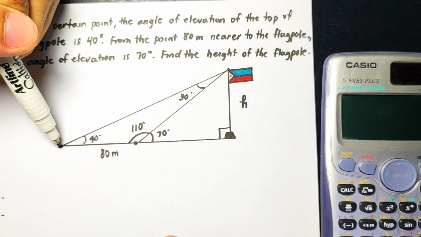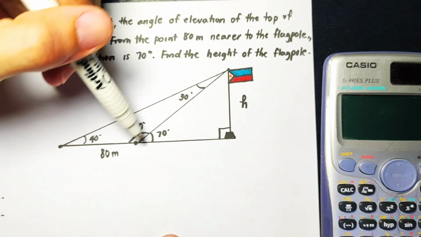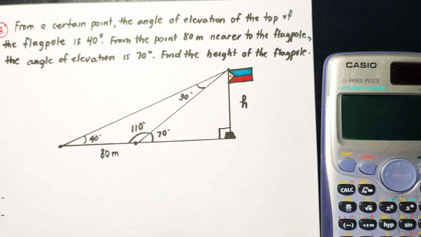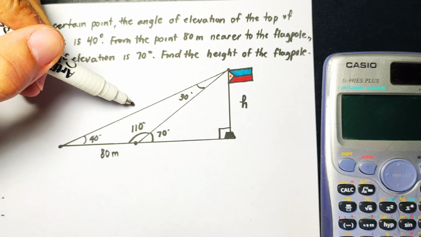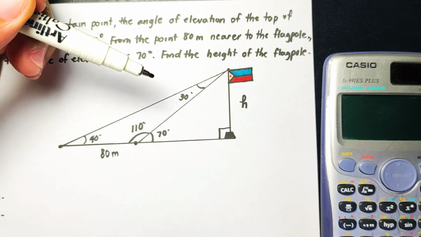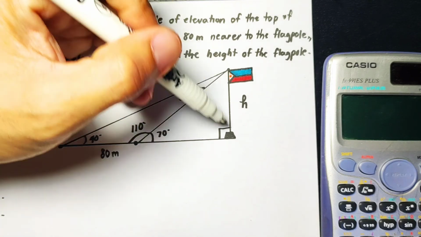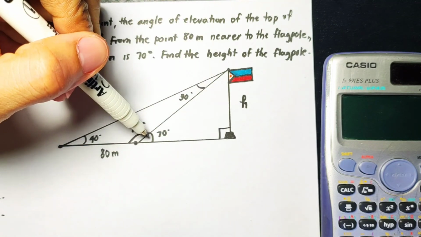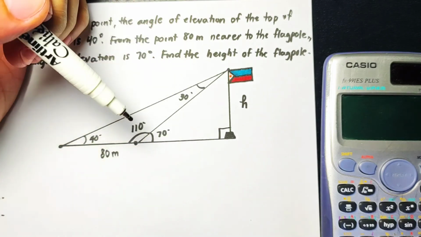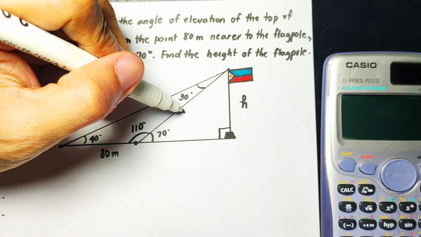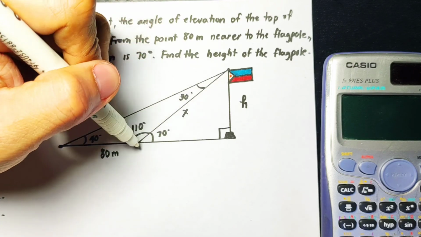We can form another triangle, which is the oblique triangle, and we can find the measure of this one and also this one. This one is not useful if you're going to use SOHCAHTOA on this right triangle, but it will be useful to solve for the height of the flagpole. So let us now use the variable x for the hypotenuse of the right triangle.